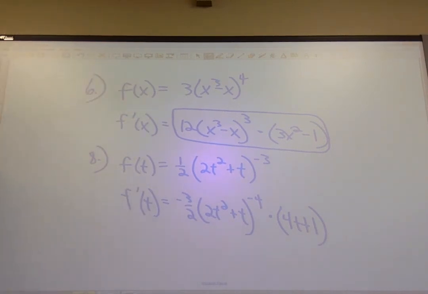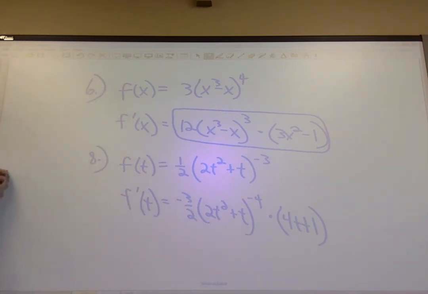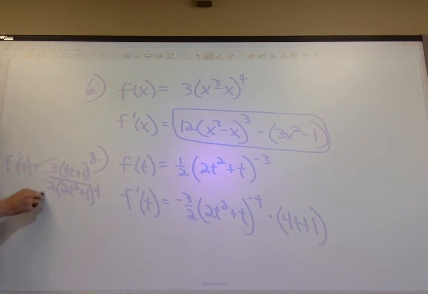Now the book might be inclined to drop this to the denominator and make it look a little better. So they might say f prime of t equals negative 3 times 4t plus 1 over 2 times 2t squared plus t to the 4th power. They might be inclined to write it like that. If I drop that negative 4 to the denominator, negative 4 power.